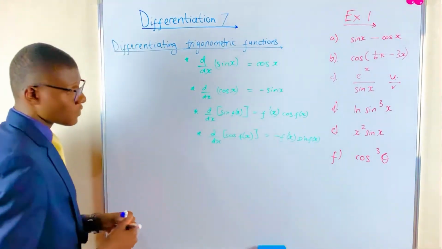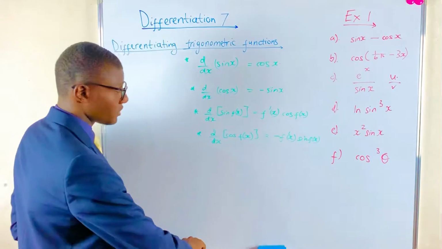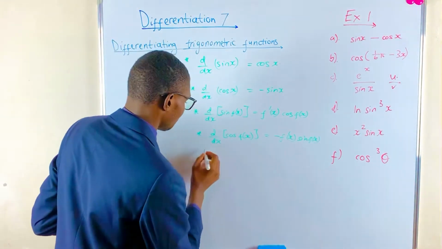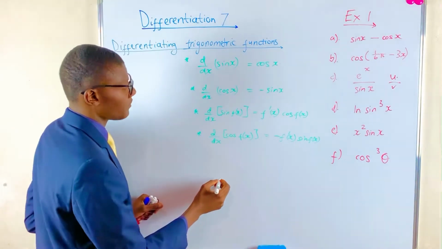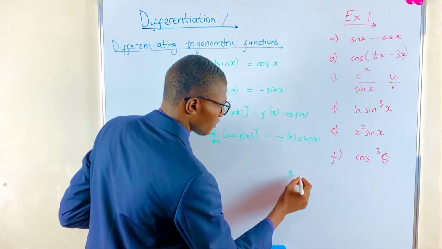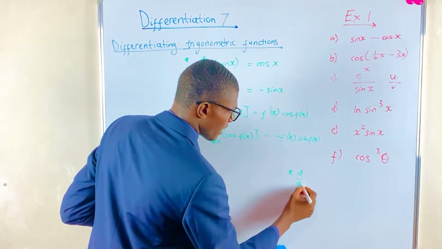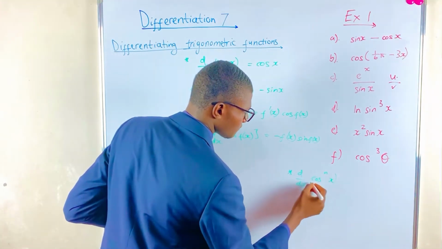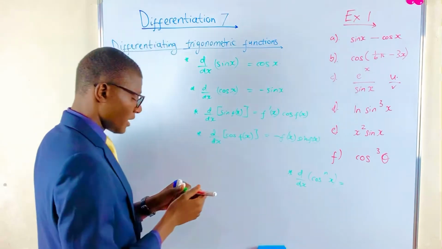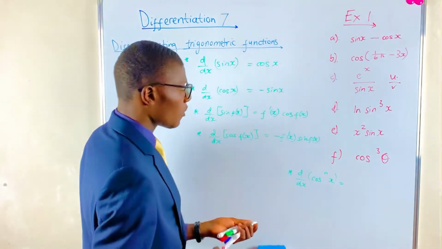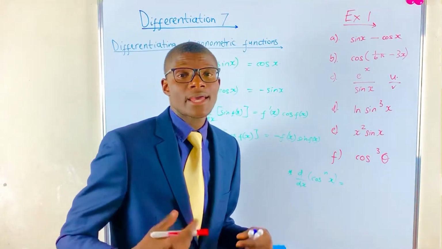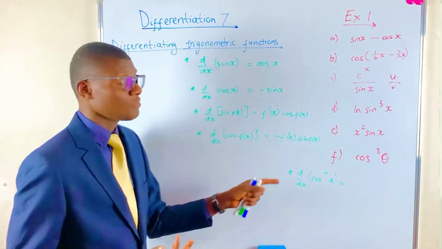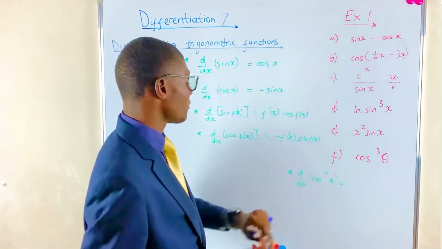Okay, so as well we can come up with quotable results. We write them here. d by dx of cos to the power of n of x, where n is any number, n being 0, 1, 2, to represent the power of the trig function.